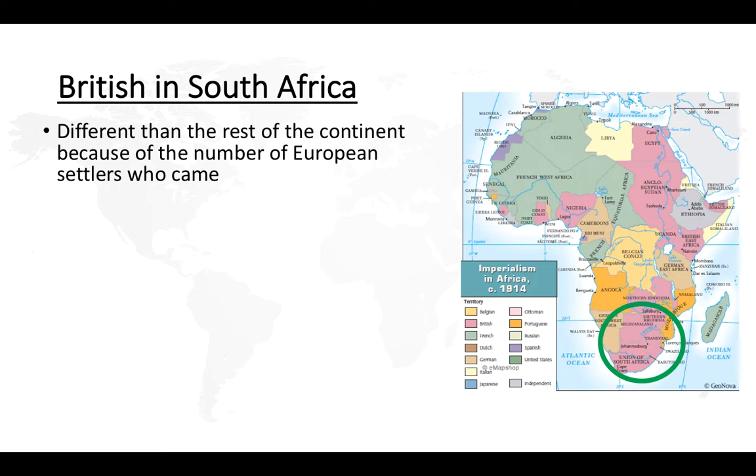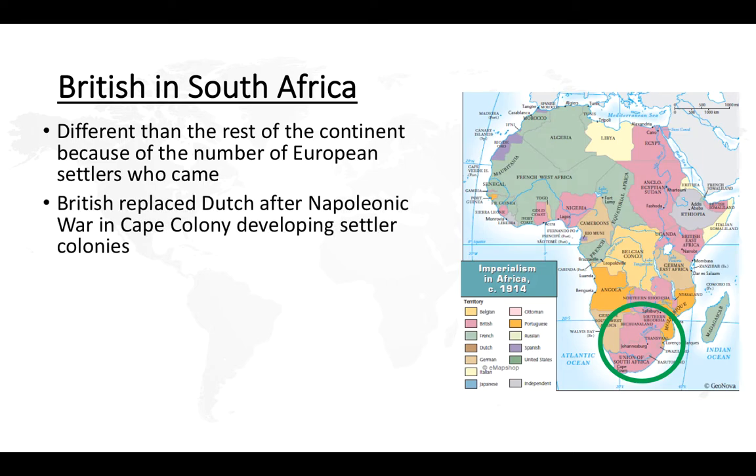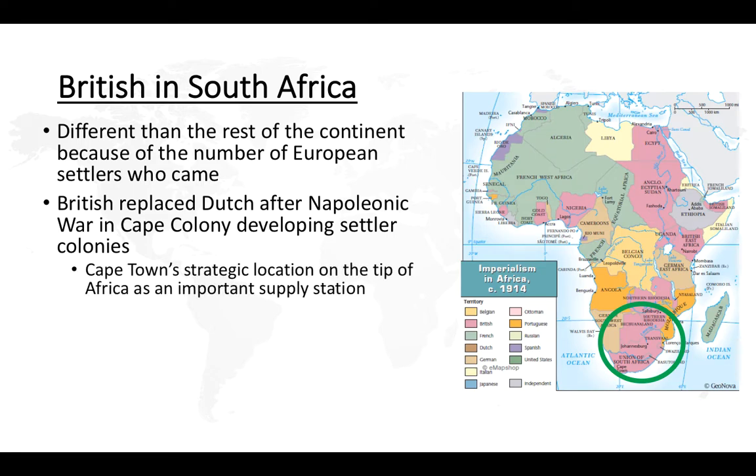Another significant group we're going to see are the British in South Africa. It's a little different from the rest of the continent at this time because of the number of European settlers who actually came and settled in South Africa, rather than just using it as an economic stronghold. The British are going to replace the Dutch after the Dutch had been settled in South Africa for quite some time.